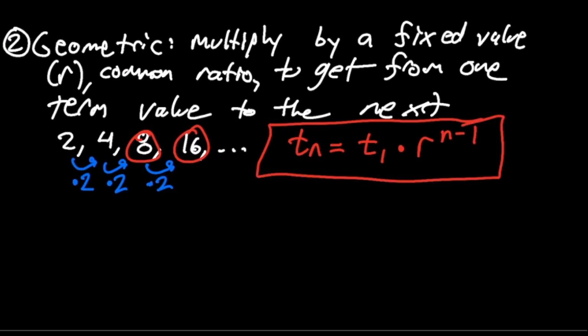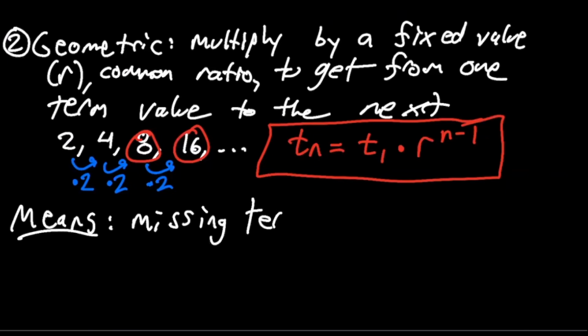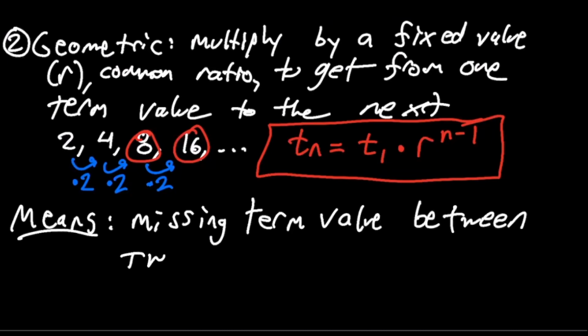Finally, with sequences, the last aspect of sequences that we'll talk about are means. And again, there are two different types of means. Means can be thought of as the missing numbers or the missing term values between two given numbers.